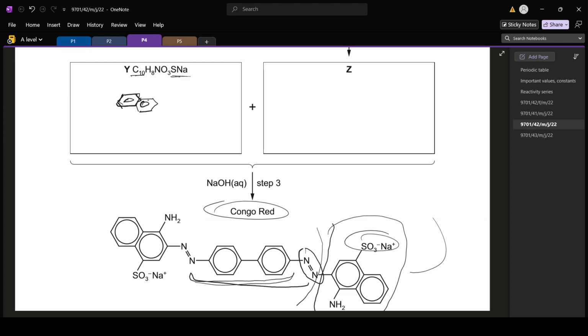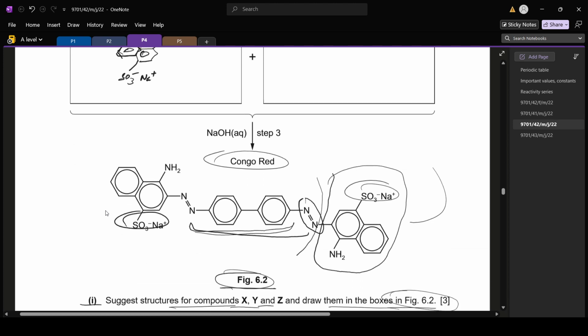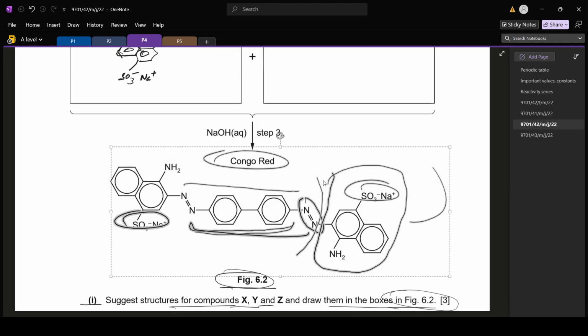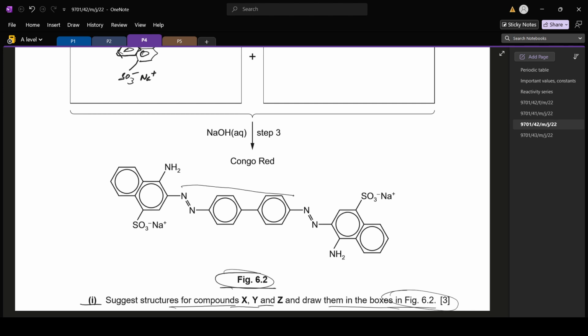Now you will attach an amine group over here, and then you have this group. So this is your structure of Y. Now let's clear this and consider this structure.